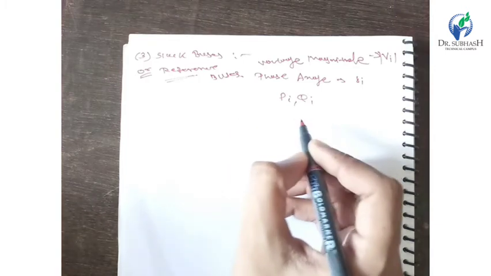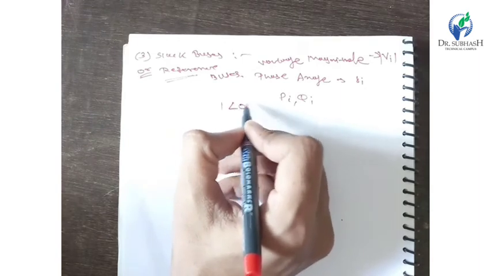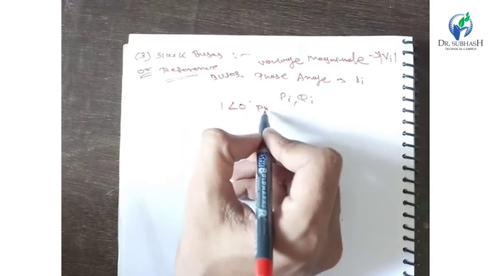In the slack bus, the magnitude and phase angle of the voltage are normally considered as 1 pu and angle 0. All this discussion is summarized in a table for the classification.